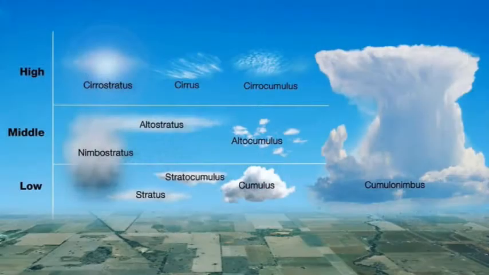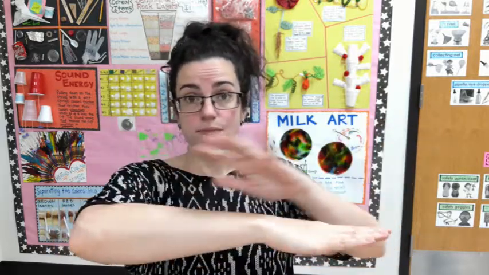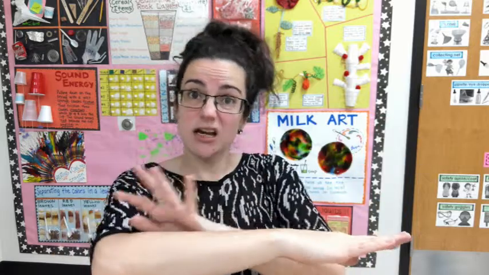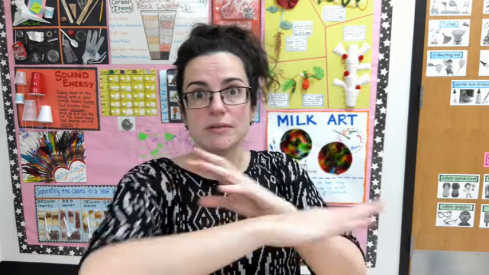cumulonimbus clouds. And the way that those types of clouds are created and formed, well, let's say here's my ground and there is some air above my ground. This air is going to be really hot and moist, meaning it's kind of filled with moisture.